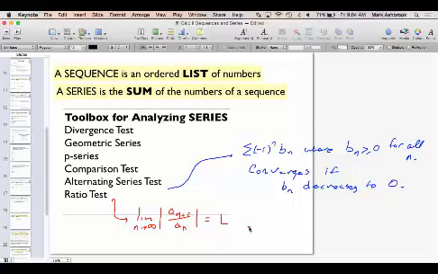So you create a new sequence out of the series, and you investigate the limit of this sequence. If that limit is less than 1, then your series is absolutely convergent. If it equals 1, then the test gives no conclusion, and if it's greater than 1, it diverges.